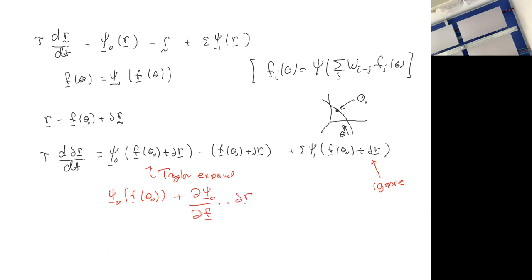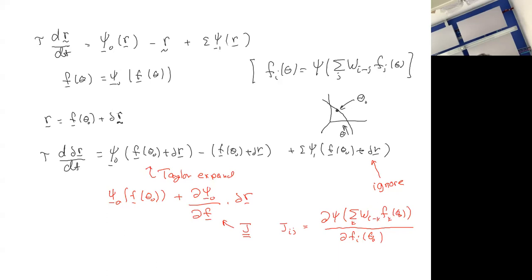And I'm going to call this J. It's a little different than before because J, well, you'll see in a second. J is a matrix, and J_ij equals the partial of psi of the sum over k of w_(i-k) f_k of theta naught with respect to f_j of theta naught.